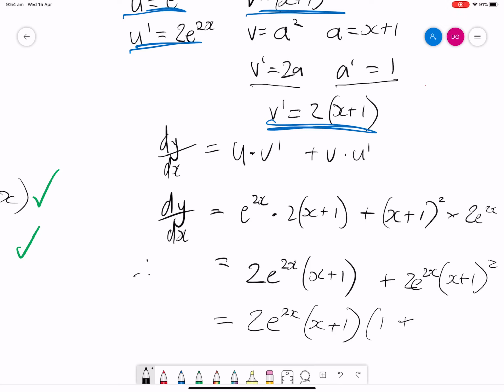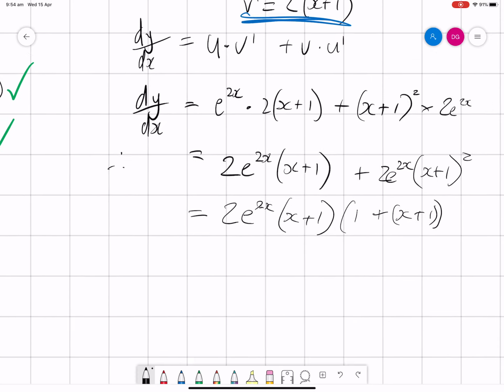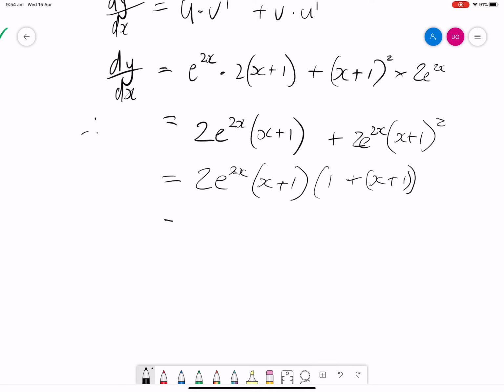And the factor that goes with the second term would be x plus 1, okay? I'll put it in brackets initially, but we don't actually need the brackets there. So now I'm just going to simplify that second bracket. So I know 2e to the power of 2x times x plus 1 times x plus 2, okay? And that is our correct derivative.